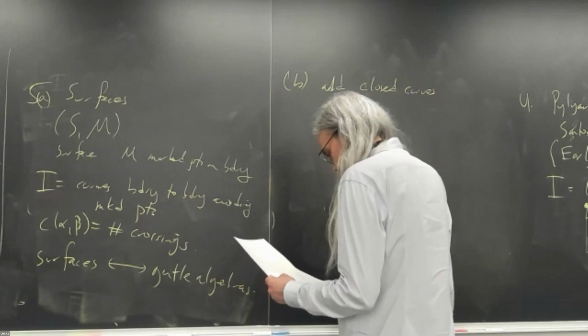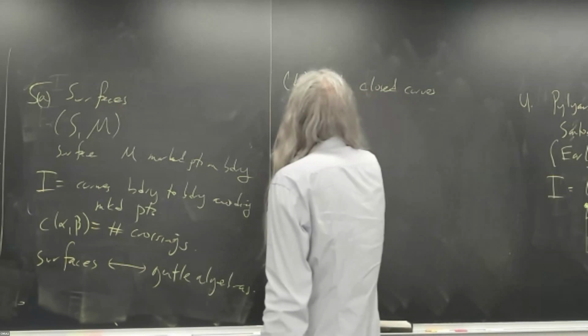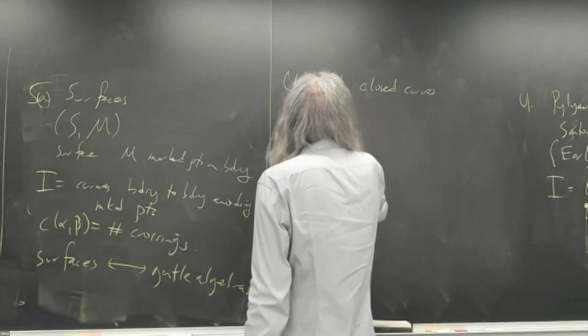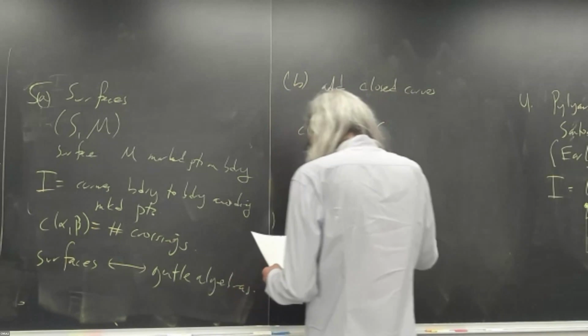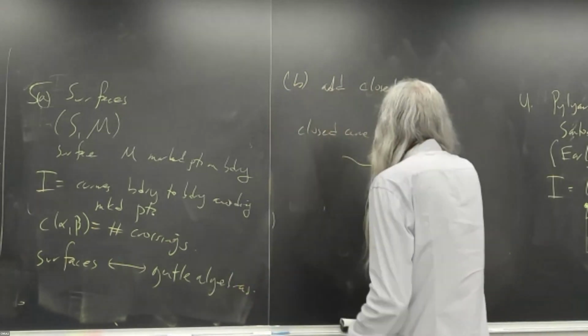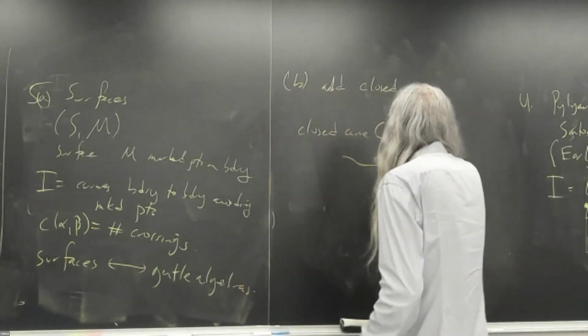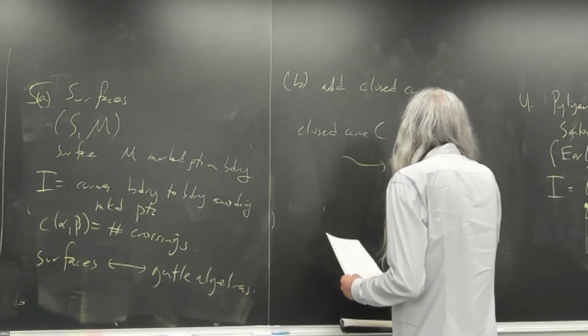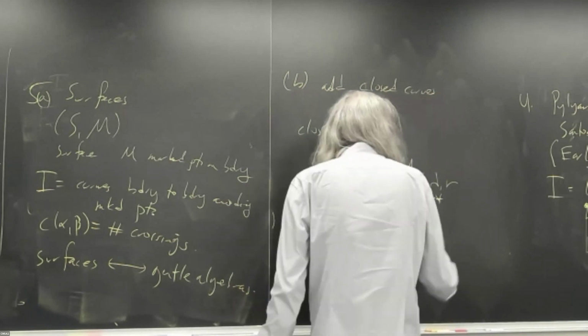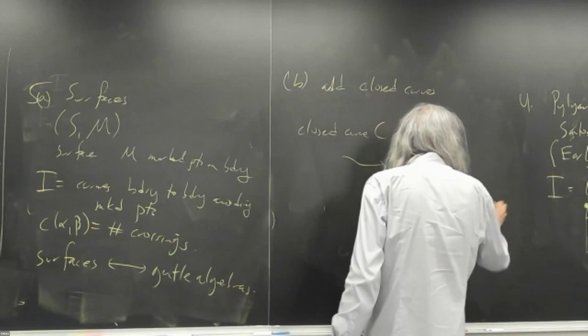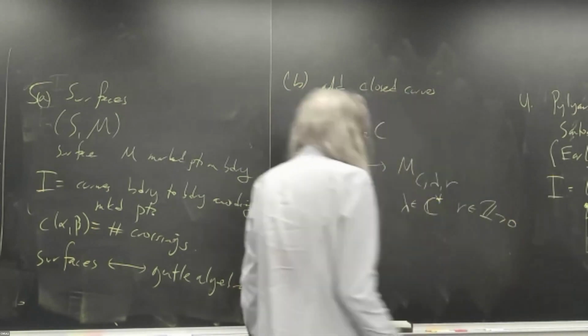But to a closed curve C, there's a corresponding family of representations, M(C, lambda, R). Lambda is a non-zero scalar, and R is a positive integer.